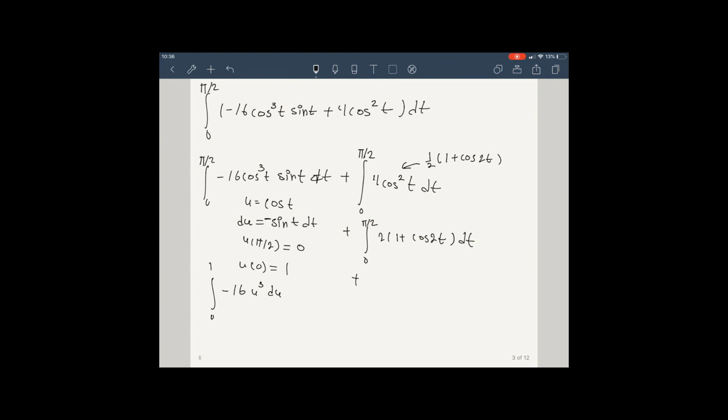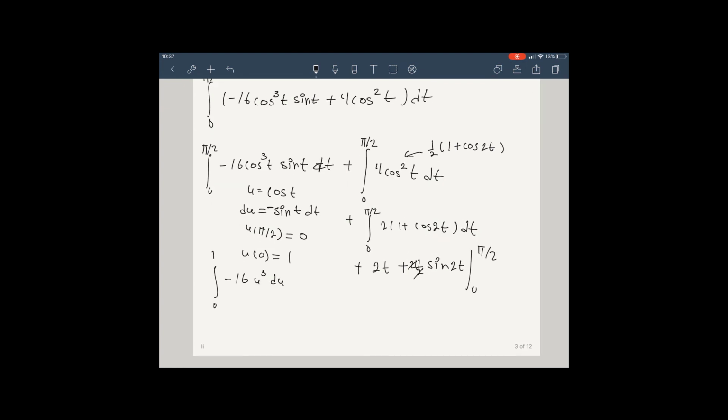I'm going to integrate this one, and I get that the integral for this portion becomes 2t plus 1/2 sine times 2t, so the 2 cancels out with the 2 in the front, evaluated from 0 to pi over 2.